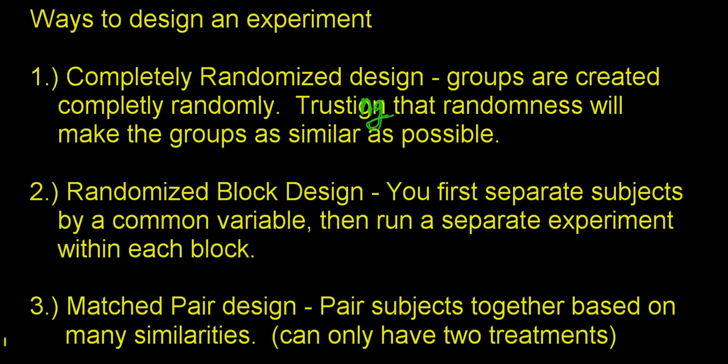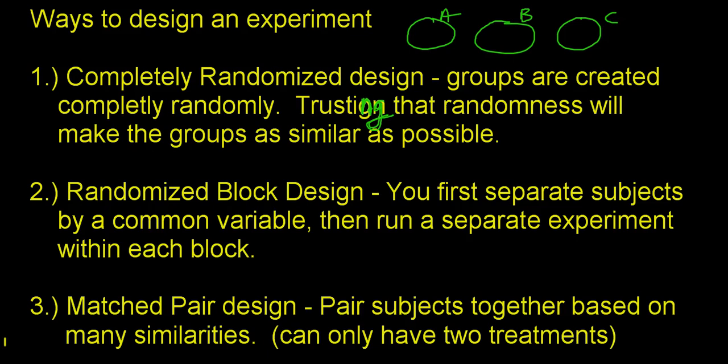All right, so anyway, completely randomized design. When you go ahead and make your groups, Group A, Group B, Group C, you're completely allowing randomization to evenly disperse all variables into those groups. So if I'm trying to, again, go back to my pain medication, medication A, medication B, and the placebo C, I'm going to have to trust that randomization will put old and young people into all three groups, boys and girls into all three groups.